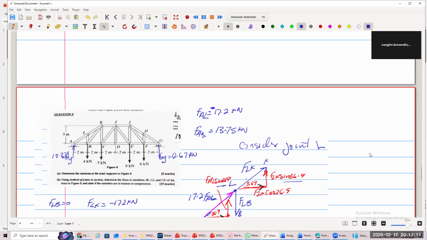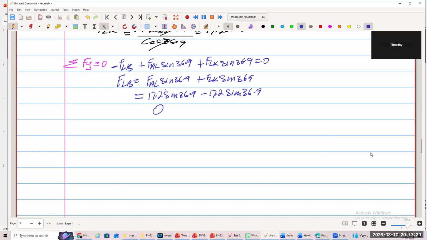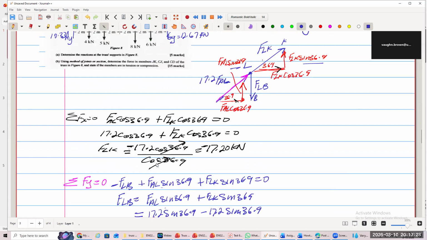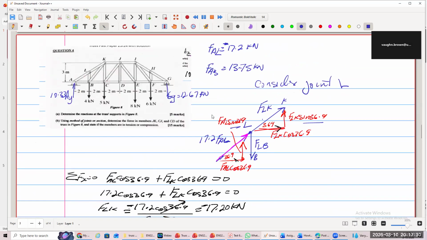FLB is 0. Oh, sorry, the first FAL. Wouldn't that be negative 17.2? So them both are negative. No, it's positive because I changed the sign.